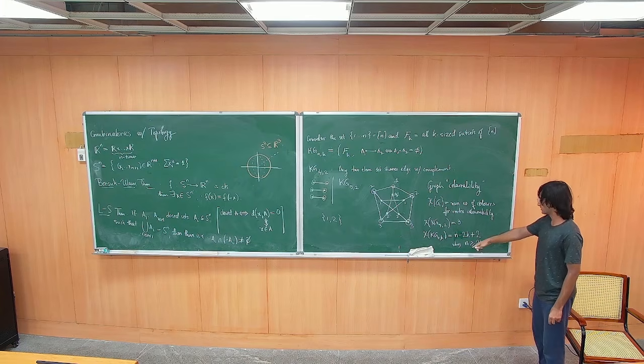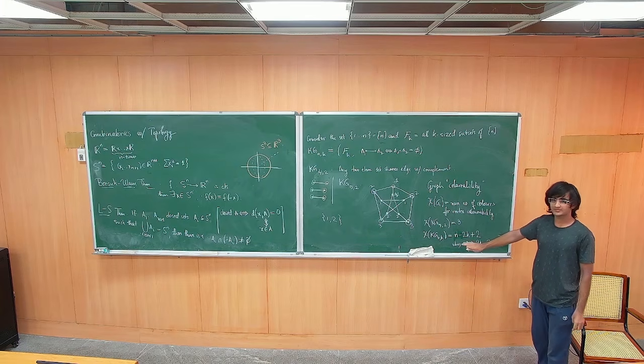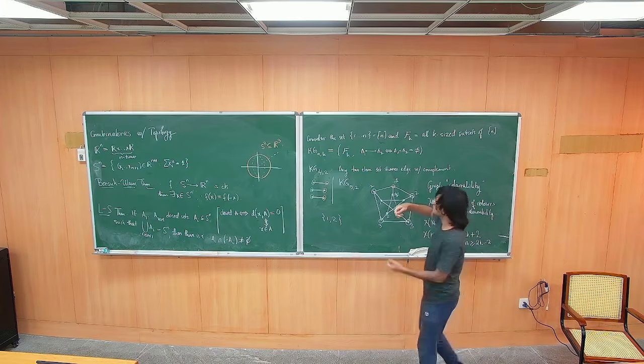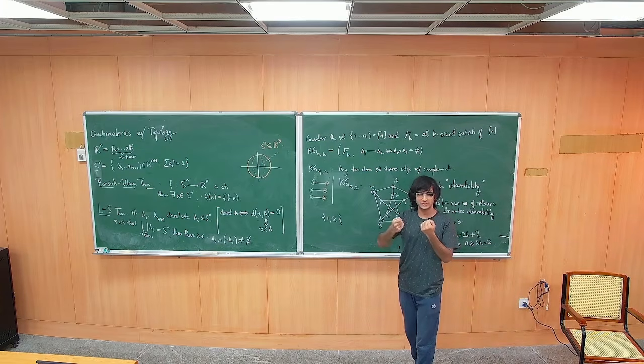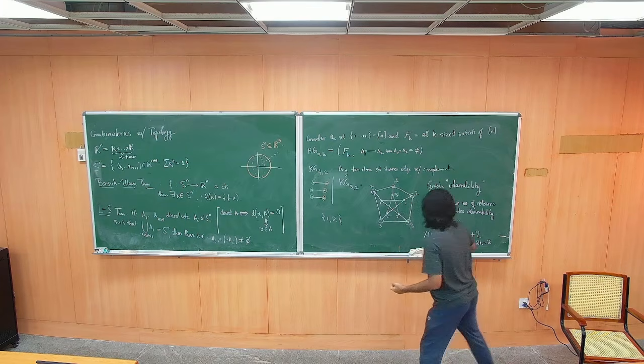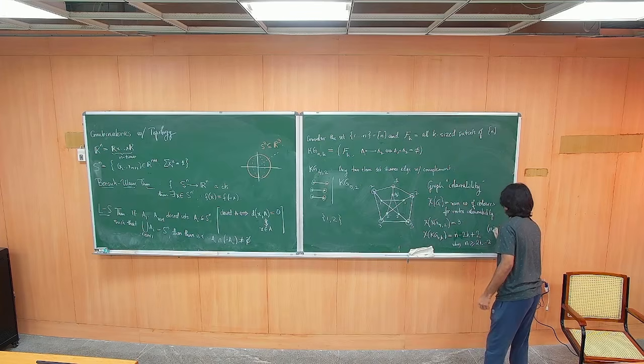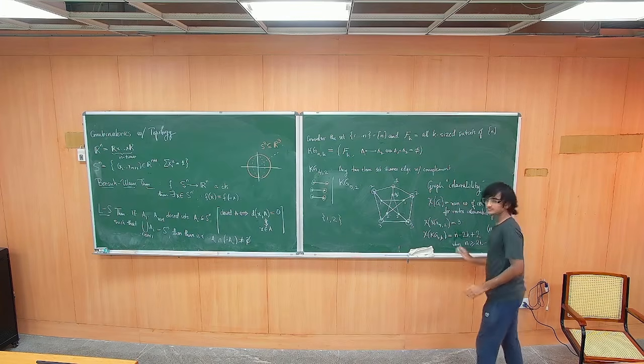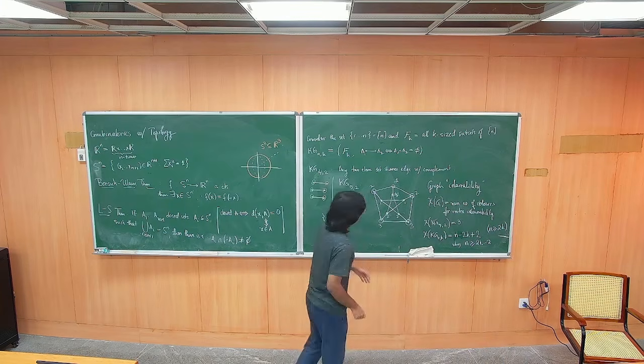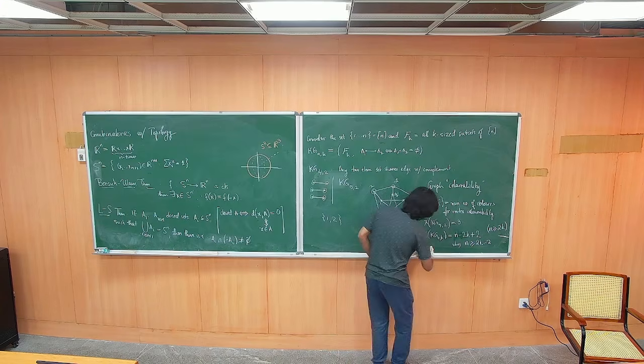Well, if n were less than 2k, then what do you mean by 2 k-size subsets being disjoint when the vertex set itself is of size at most k? There is no such partition. So we can just consider n to be bigger than or equal to 2k. That's fine. So what we are going to prove is this statement.